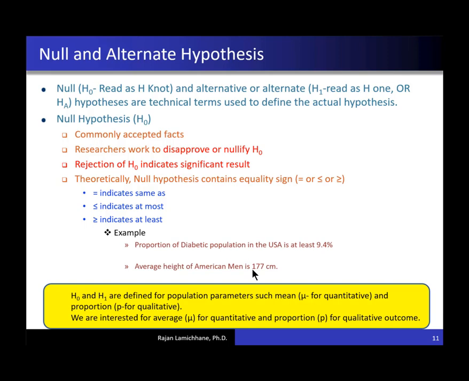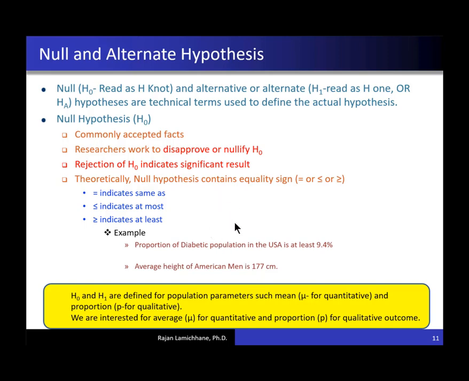So when you are defining null and alternate hypotheses, it is not based on any claim. This claim can go anywhere. It can go to the null, it can go to the alternate, but your null hypothesis must have the equality sign. If your claim does not have the equality sign, then it does not go into the null hypothesis.